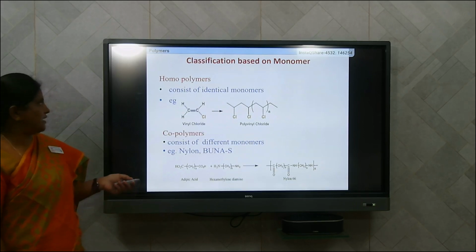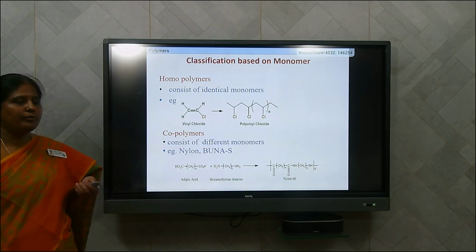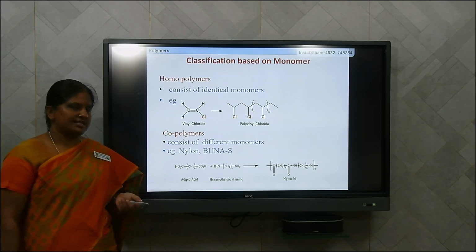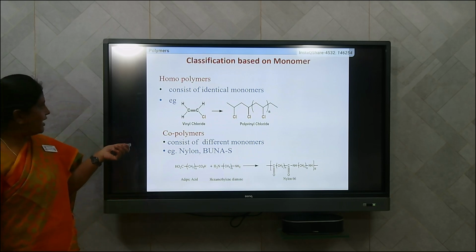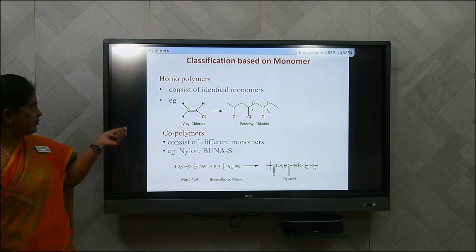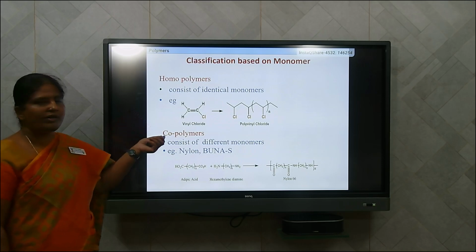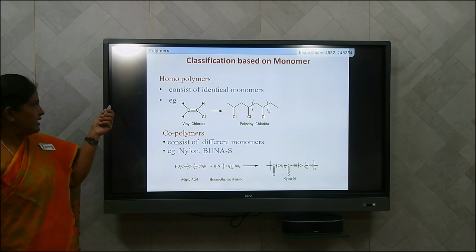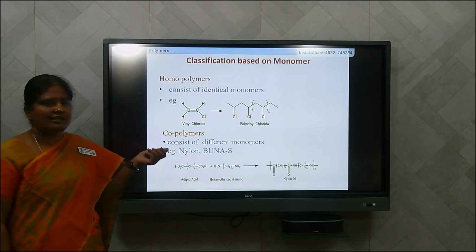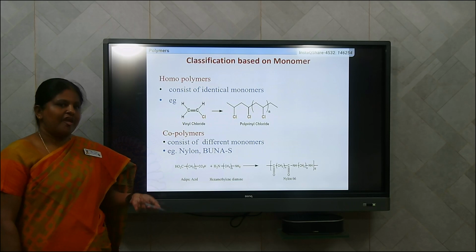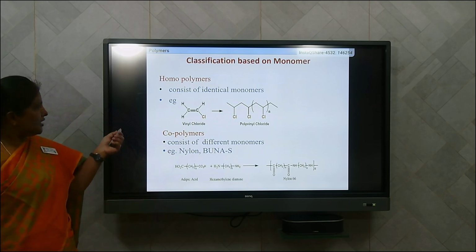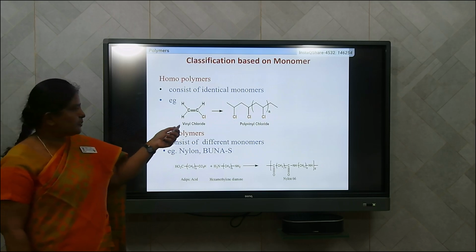Next, let us see classification based on monomer, that is the repeating units used during polymerization. Under this classification we can see two types: homopolymer and copolymer. Homopolymers are polymers which consist of identical monomers. For example, vinyl chloride undergoes polymerization and produces polyvinyl chloride.